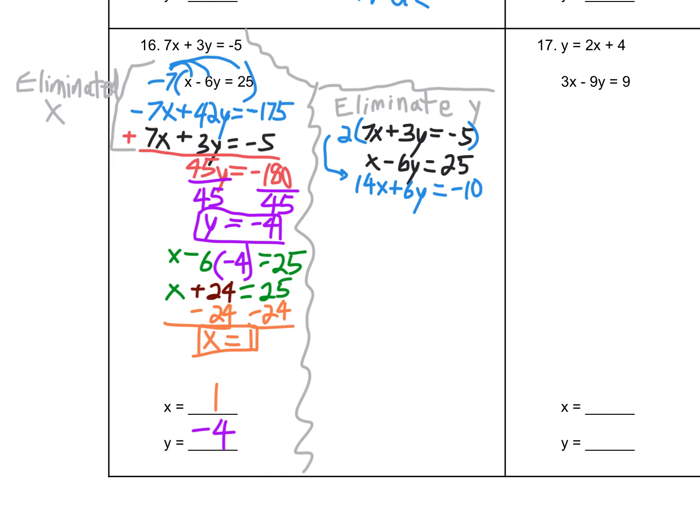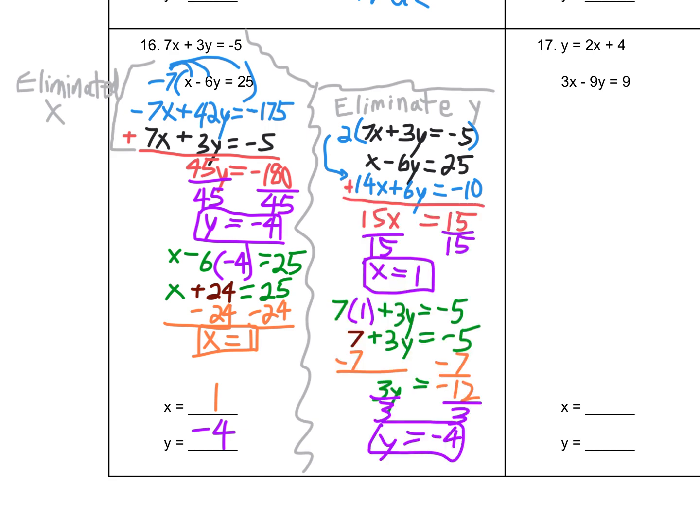Remember, make sure you distribute a 2 throughout the whole thing. And now I can just add my equations together and my y's will cancel. Find the x and then plug it back in to find the y. That looks like this. Notice in either case we get x equal to 1, y equal to -4. On both these, my way of solving it is I had to multiply in order to eliminate.